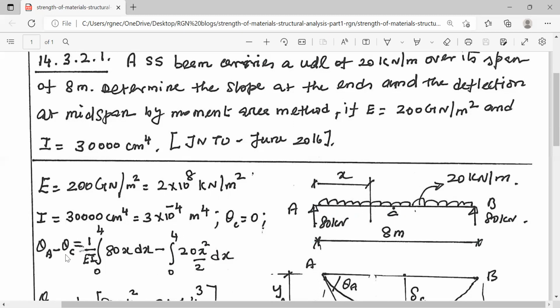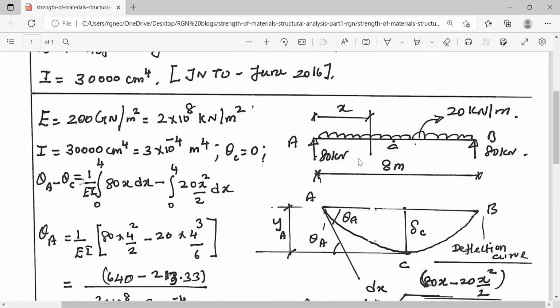Theta A minus theta C is the difference in slope between the points A and C. As per Mohr's theorem, it is equal to 1 by EI times the area of the bending moment diagram between the 2 points A and C. Now, what is the expression for bending moment at any distance x from support A?